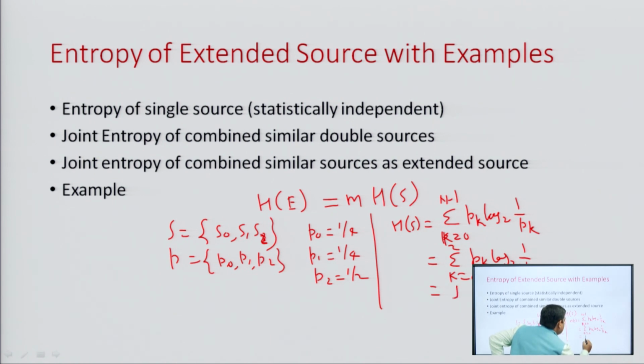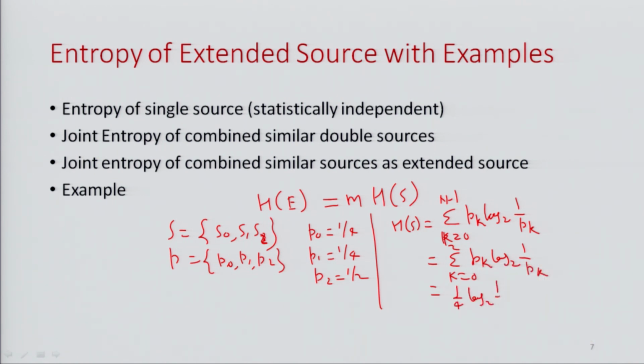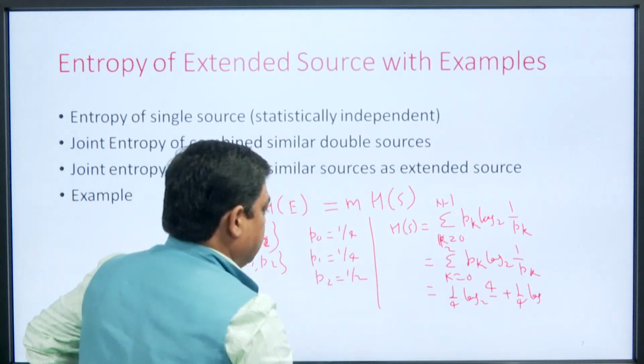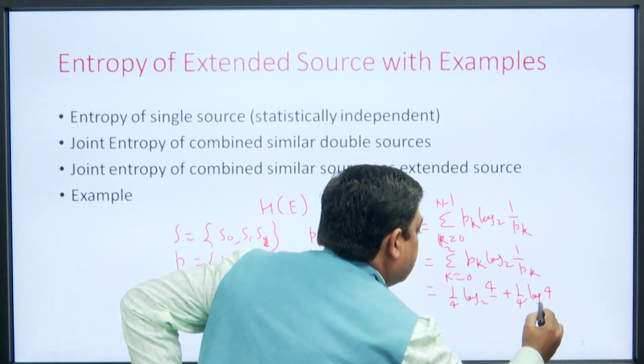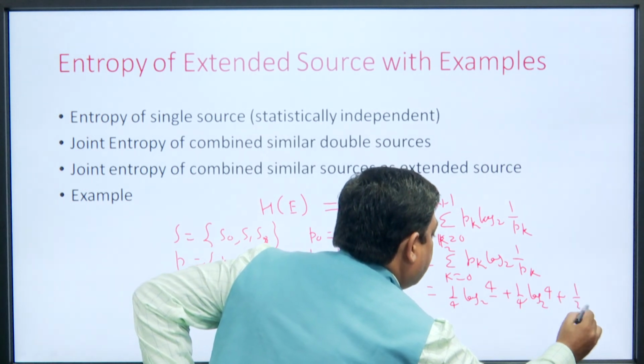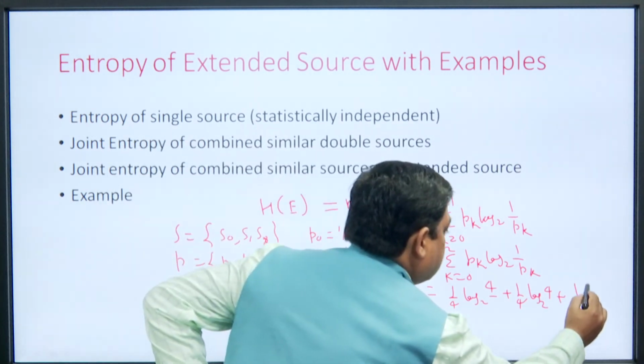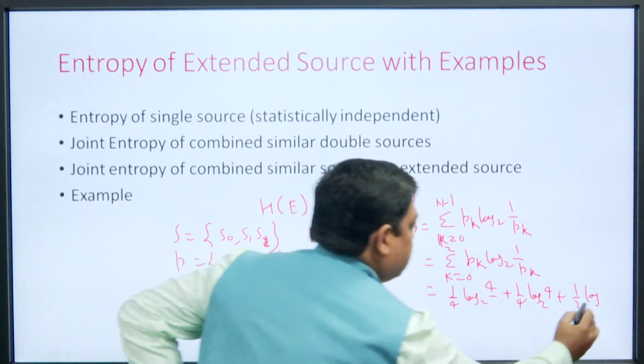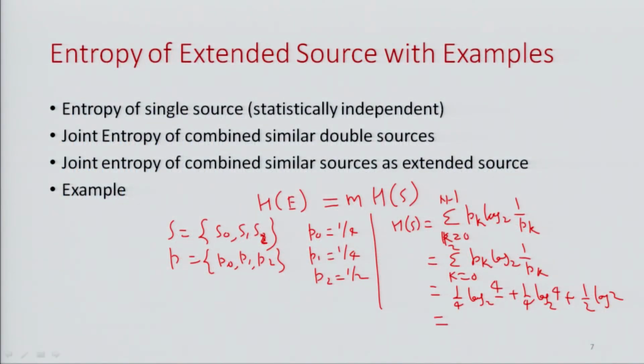This is 1 upon 4 log base 2 of 4, plus 1 upon 4 log base 2 of 4, plus 1 upon 2 log base 2 of 2. If you calculate its value, it equals 3 by 2 bits. This is the entropy of the source with 3 symbols and their probabilities.